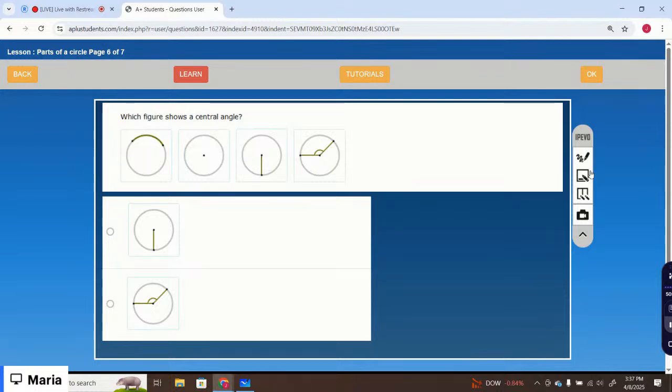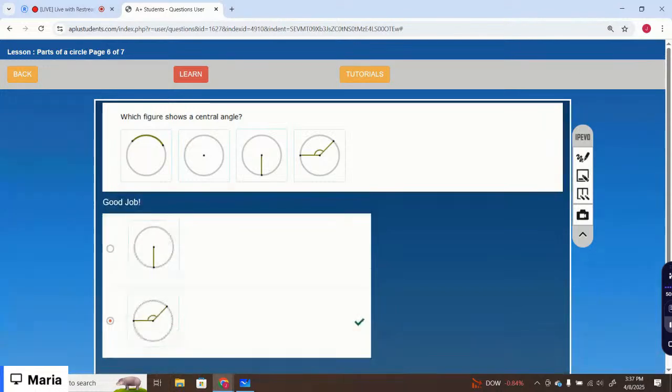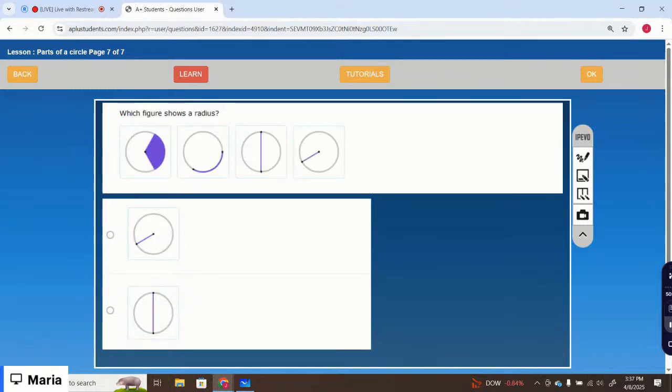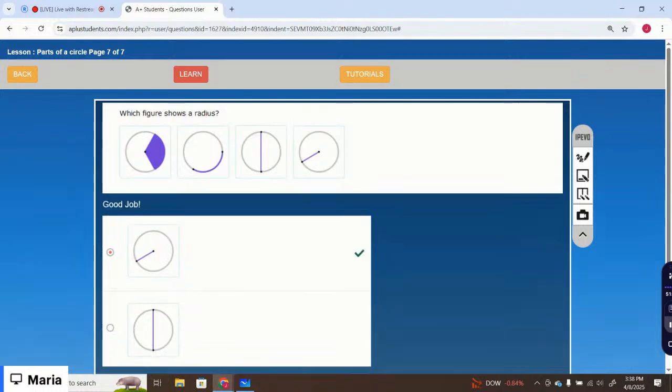Which figure shows a central angle? Option number 2 is the correct option. Option number 1 is the correct option and it's the radius of the circle.